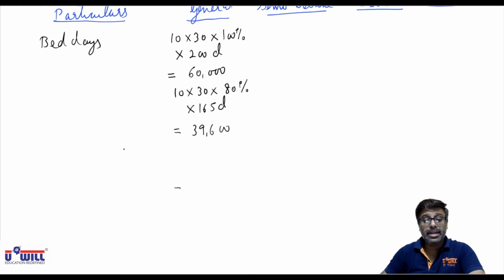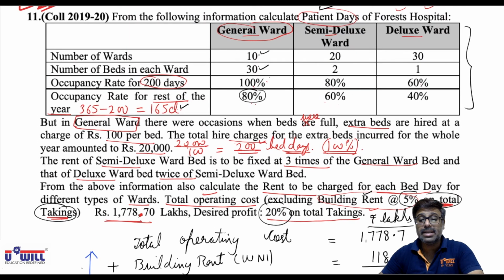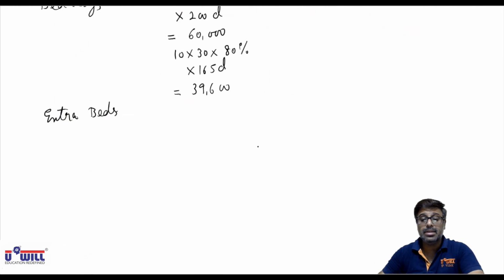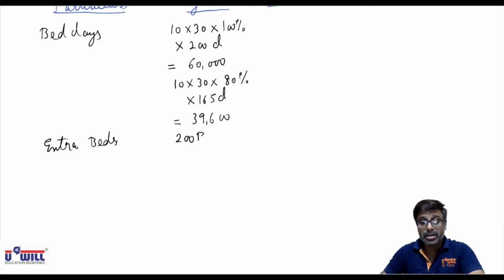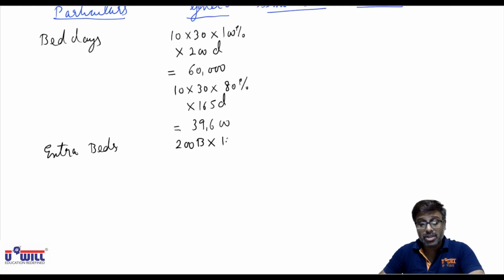And the extra beds are also under the category of general ward only. How many extra beds are there? 200 extra beds are there. So 200 beds, into 100% occupancy, and all 365 days in a year.